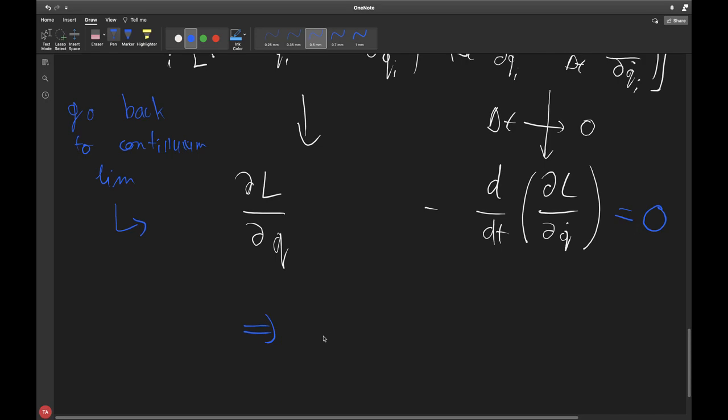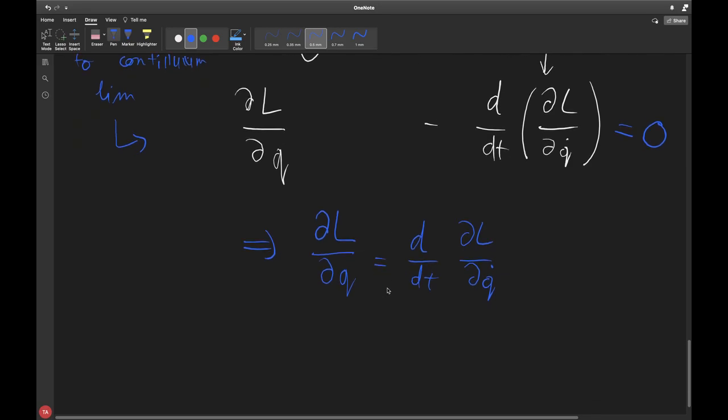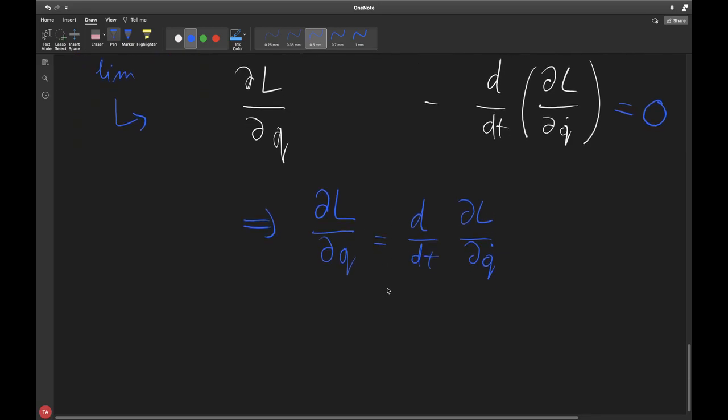So we can rearrange that and say that the derivative of L by q, the generalized coordinate, is the same as the derivative of the derivative of L by q dot, the generalized velocity, by time. If these two things are the same, that means that we have the least action.